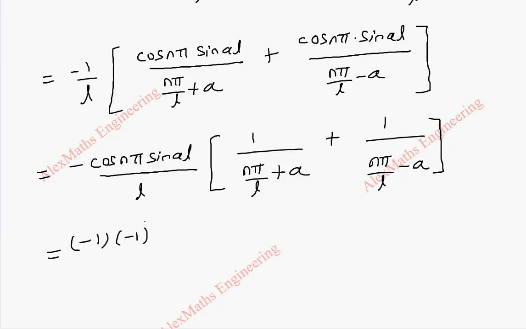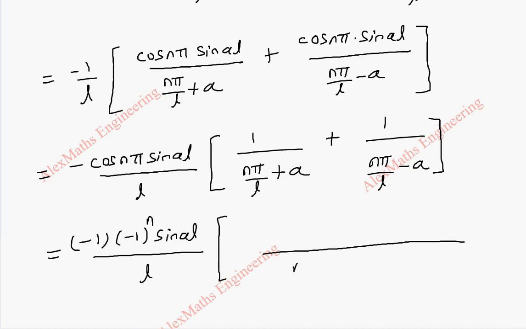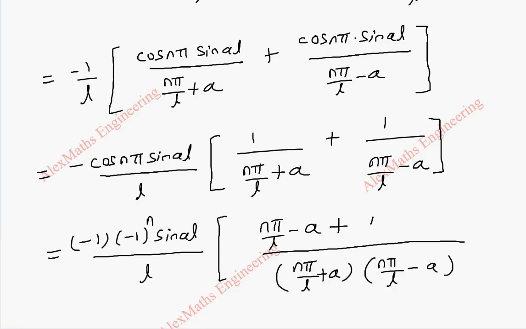Cos n pi is minus 1 whole power n into sine AL whole divided by L. Now we can take LCM. LCM is the product of these two terms, n pi by L plus A into n pi by L minus A. So here it is n pi by L minus A plus n pi by L plus A.